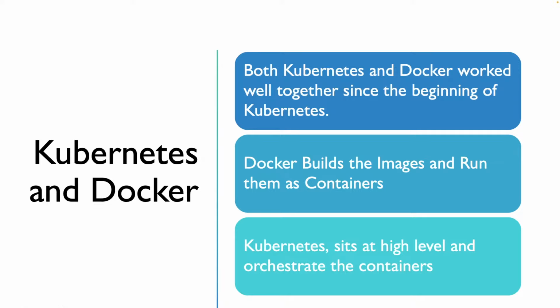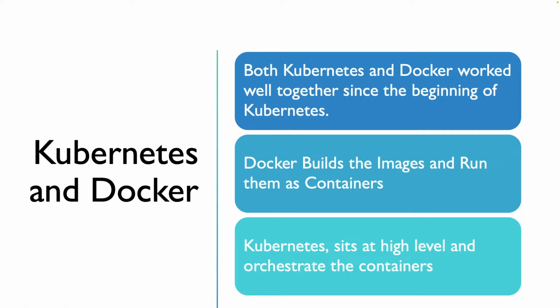As a developer, we were using Docker to package the application as containers, and we'd give the containerized application to Kubernetes to run. To start or run these containers, Kubernetes used Docker in each node. Now, obviously, when you talk about Docker, it has various components which are not required for Kubernetes.